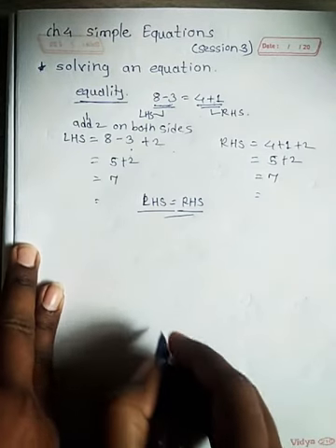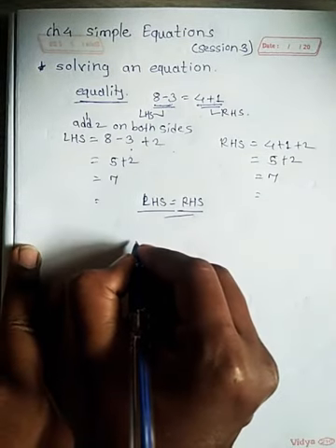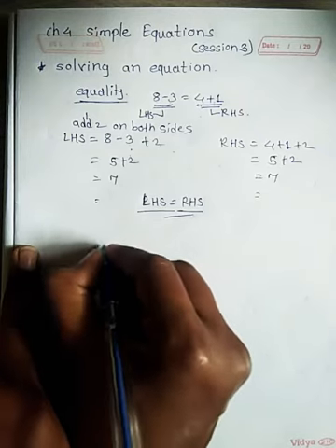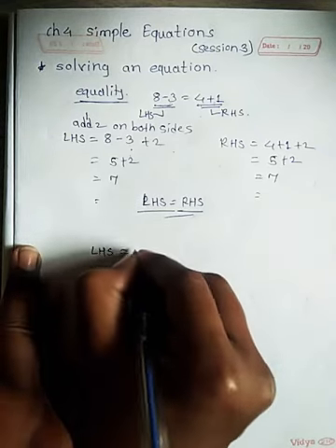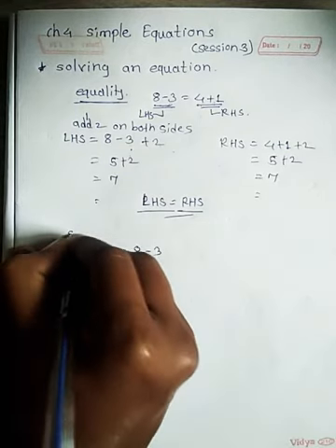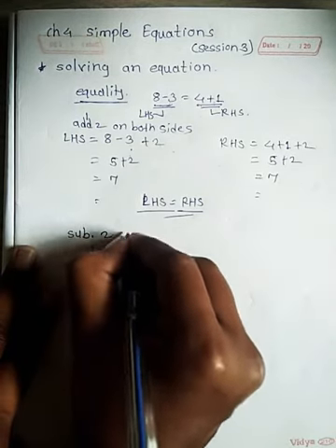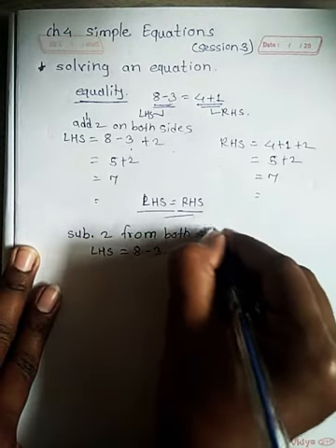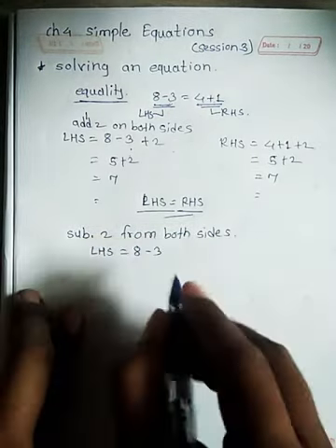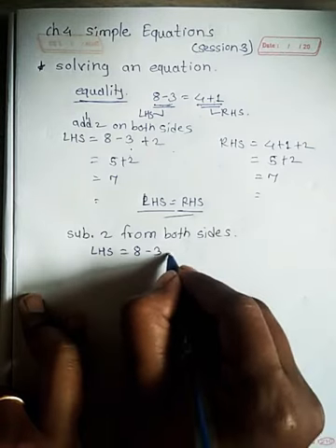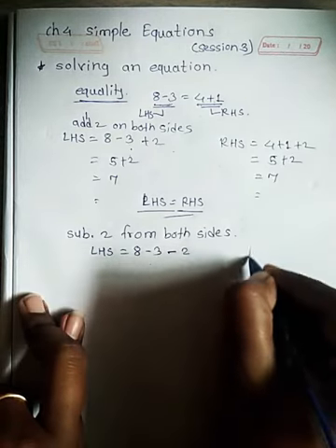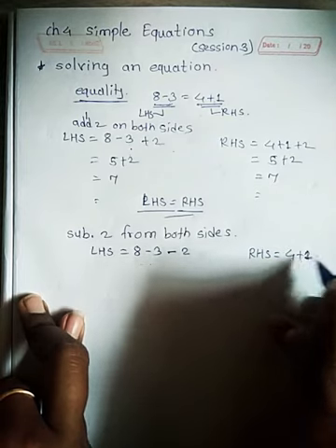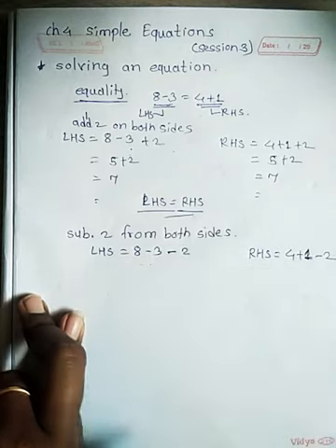Then the next step is subtraction. If I subtract 2 from both sides, then LHS is 8 minus 3 minus 2, and RHS is 4 plus 1 minus 2.